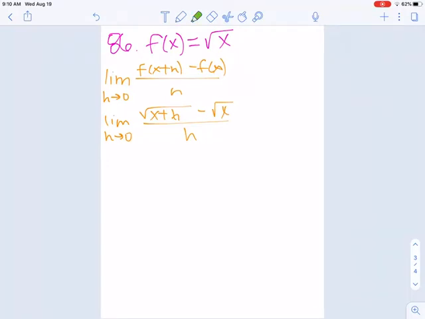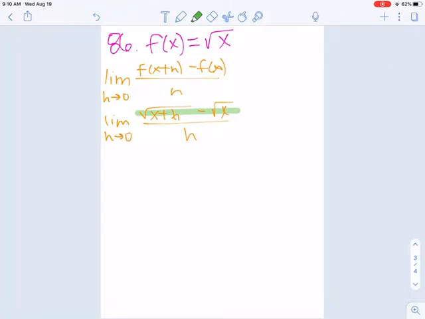Some of you might have gotten here and said, what do I do next? Well, first of all, let me back up. Trying to plug in 0 for direct substitution would give us 0 over 0, and that's not okay. So algebraically, we need to do something.